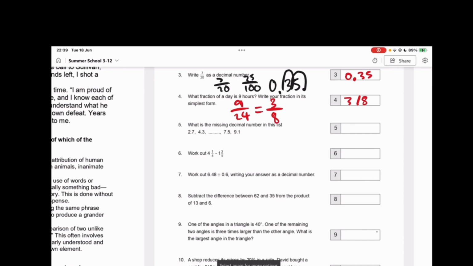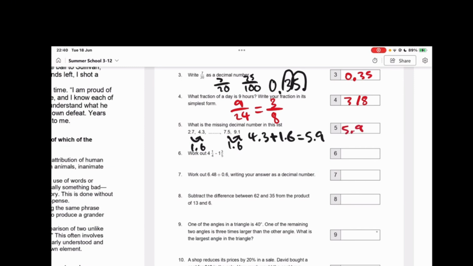So we can see that 2.7 plus 1.6, so 1.6, and then we can see 7.5 to 9.1 is also 1.6, so 4.3 plus 1.6 will be equal to 5.9. And then our answer will be 5.9.